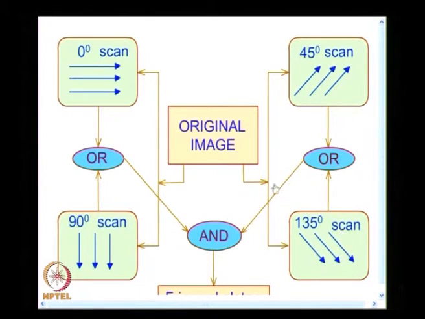So, in essence, once I have the original image, I will globally search the image only 4 times: 0-degree, 90-degree, 45-degree and 135-degree. Because I do it only 4 times, with no iteration involved, the number of operations is fixed.